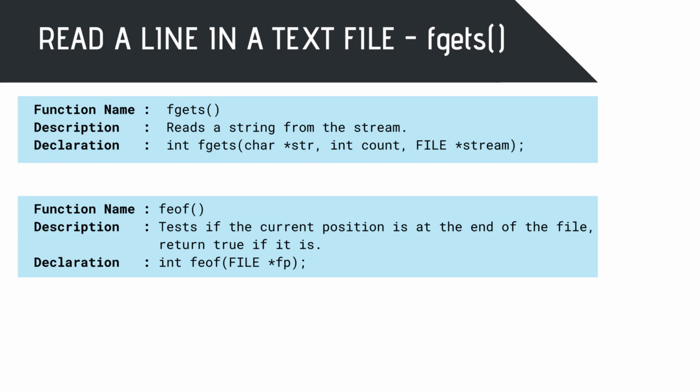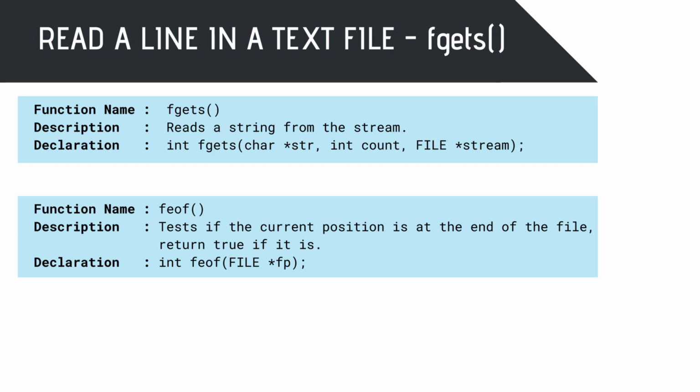The function fgets takes three parameters. The first argument is the pointer to the string that will hold the data read from the file. The second argument is the max number of characters to read from the stream. And the third argument is the file pointer of the file stream.